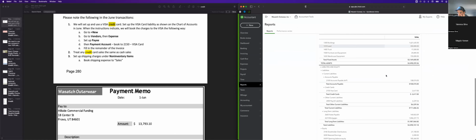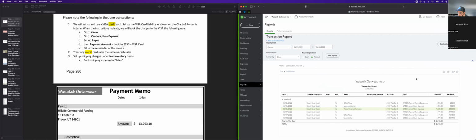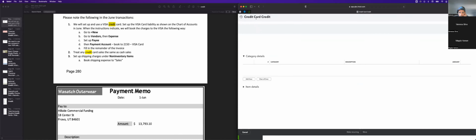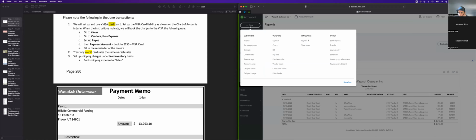We have our credit cards down here. Why is it a negative balance for these credit cards? Credit card credit? I don't think we're supposed to be booking a credit card credit.